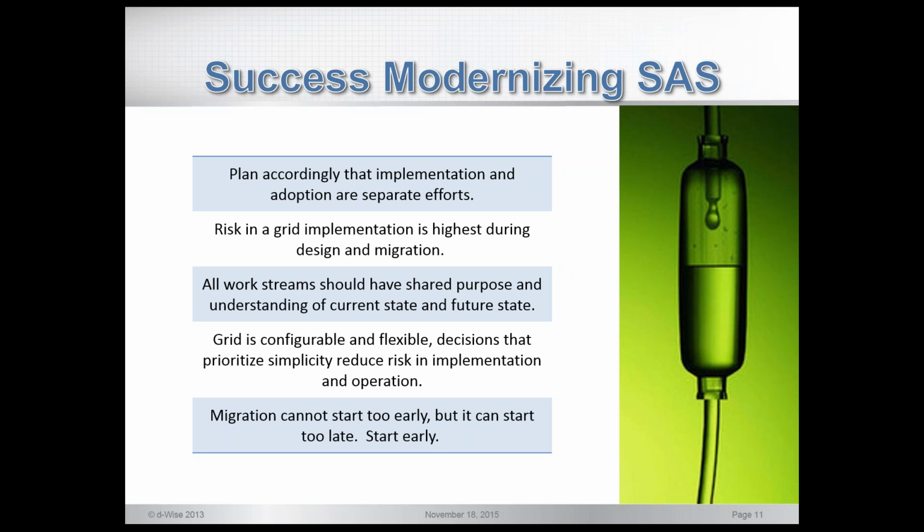So recognizing that the risk is higher during the design and during the planning for migration means that you can put the right amount of attention on it and enable the activities that flow out of that to be much lower risk and much more routine, and something that you can perhaps even leverage some internal talent to help deliver. I already spoke to the concept of having a shared sense of purpose about the current and future state, but this is really important in managing the risk profile. Oftentimes there'll be decisions that are brought to light as people become aware of things.